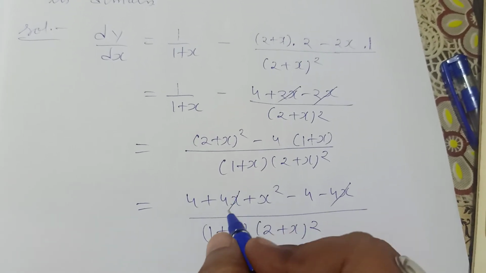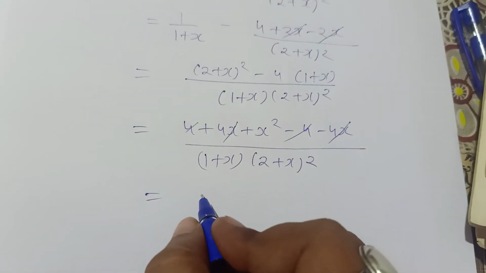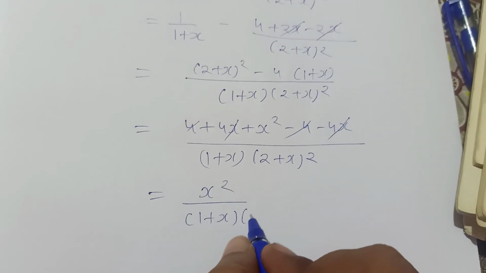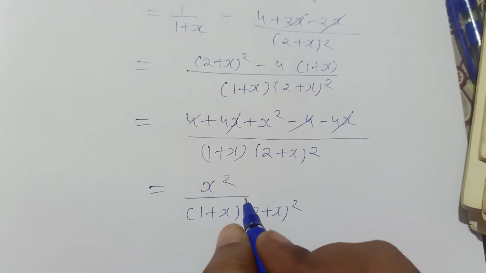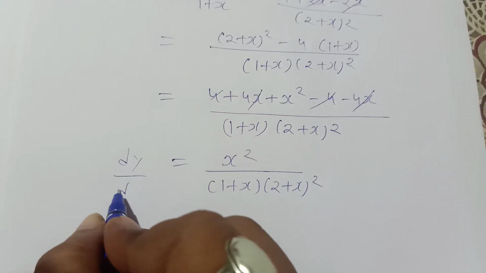So in the end we will get x square upon 1 plus x into 2 plus x whole square. Now this is the value of dy by dx, the first derivative.